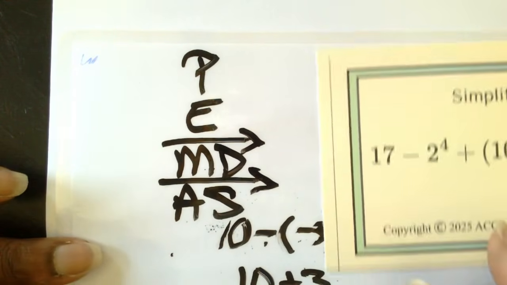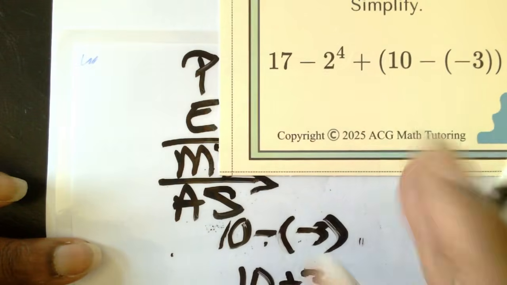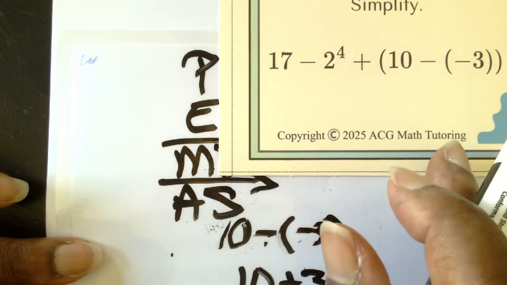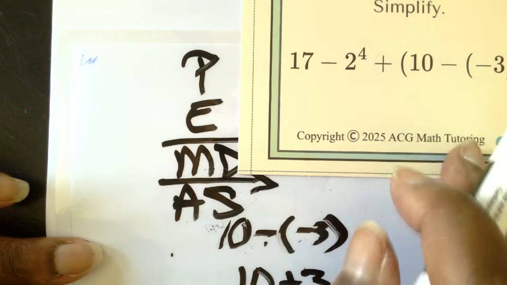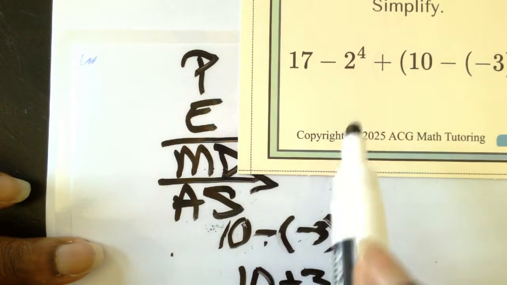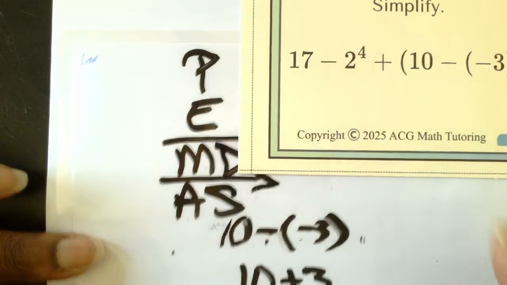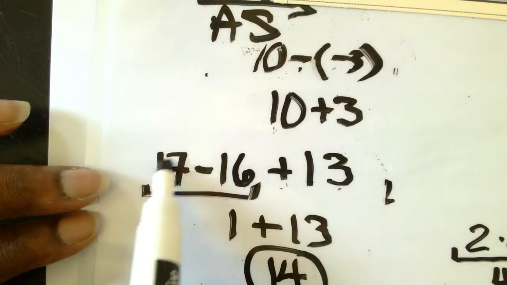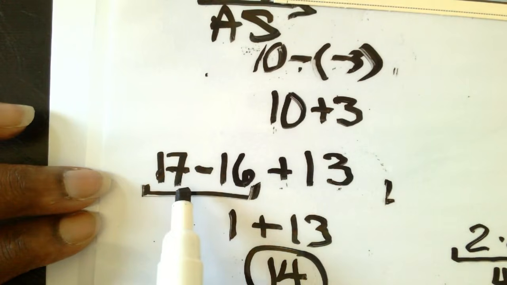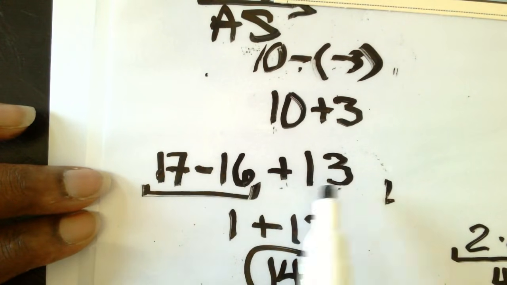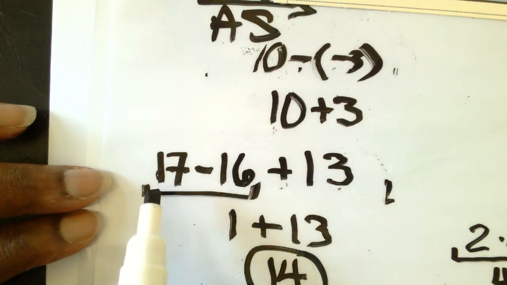So once you do what's inside the parentheses first, watching your signage, then you deal with your exponents. That was your 2 to the 4th power. Then from left to right, that's what we did here. We only had subtraction and addition. So you want to do the subtraction first, boom, then the addition, boom.